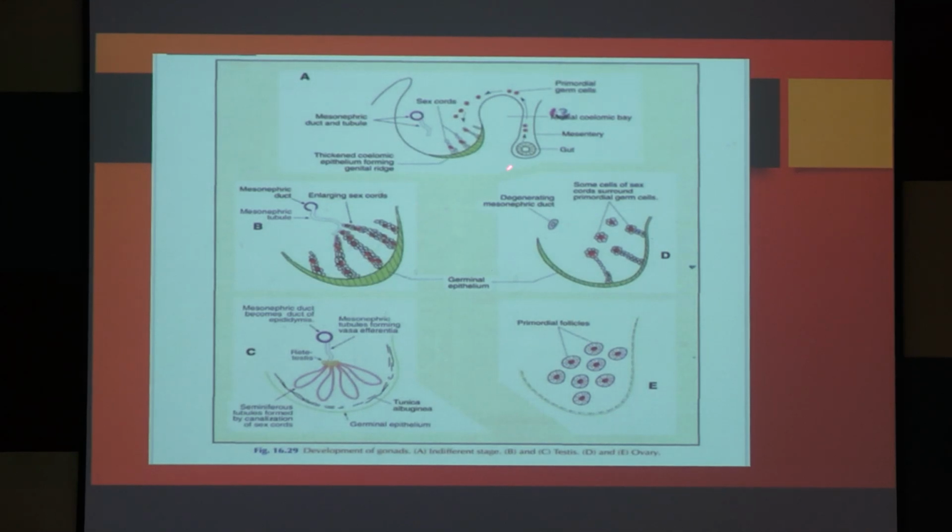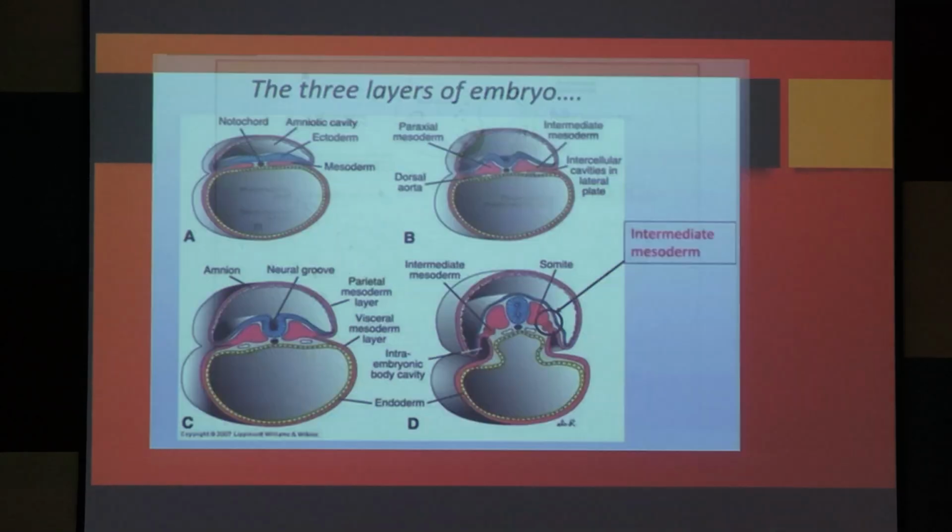The granulosa cells develop from the coelomic epithelium, and the germ cells or ovum come from migration from the yolk sac, from the gut. After the germ cells reach the gonadal ridge, the organization of the sex cords or sexual stroma develops. That is the development of the ovary.